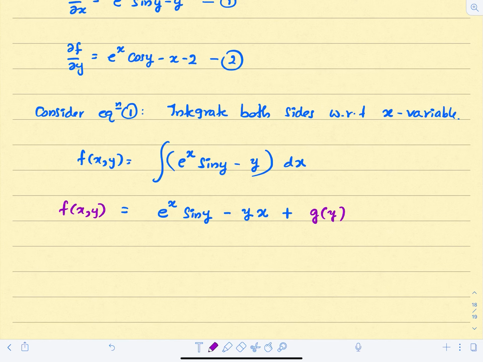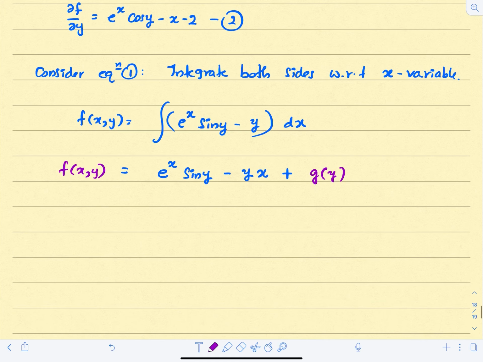Now what we do is take the derivative of this equation with respect to the y variable. So now we take partial f over partial y, which equals e^x cos y − x plus dg over dy.